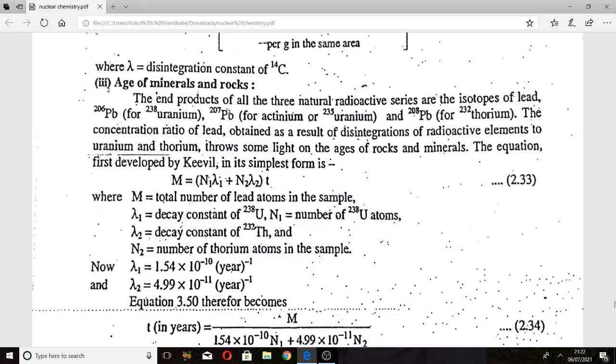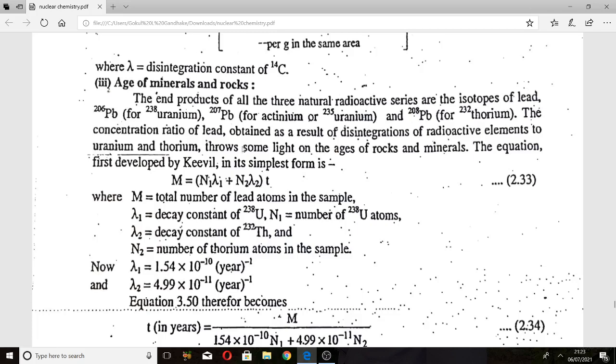In these series, the end products give lead isotopes: lead-206, lead-207 and lead-208. Lead-206 is obtained from uranium-238, lead-207 from the actinium series, uranium-235, and lead-208 from thorium-232.